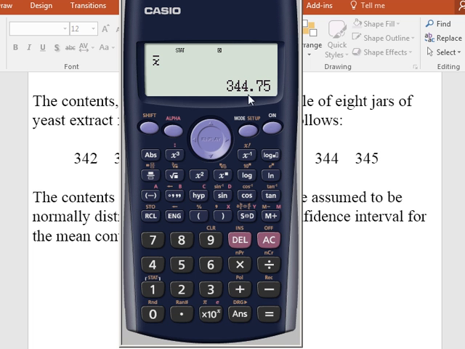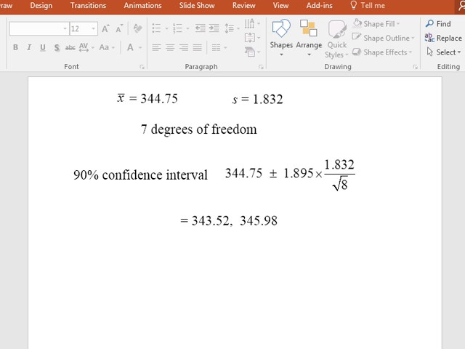The sample mean, and the sample standard deviation. With 7 degrees of freedom, so that's n minus 1, 8 minus 1.